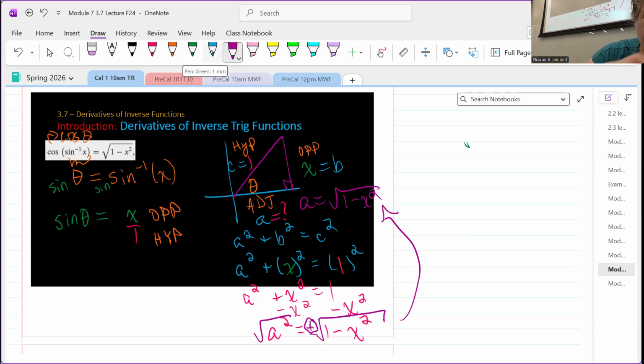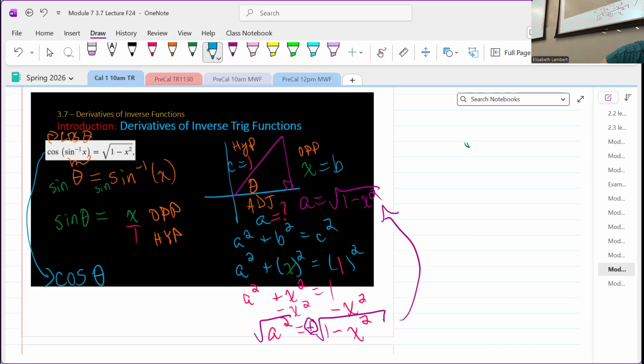So now our question before was really asking what's the cosine of our angle. Cosine is caught another hippie, A over H, adjacent over hypotenuse. Adjacent is the ugly square root we just found, over the hypotenuse, which is 1.